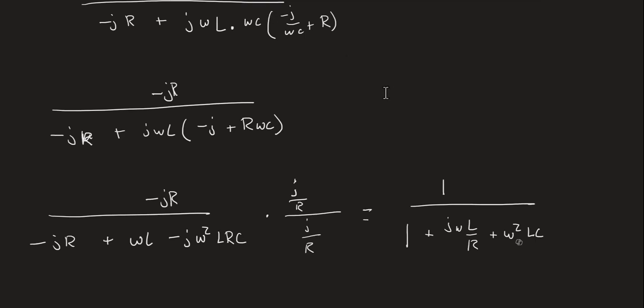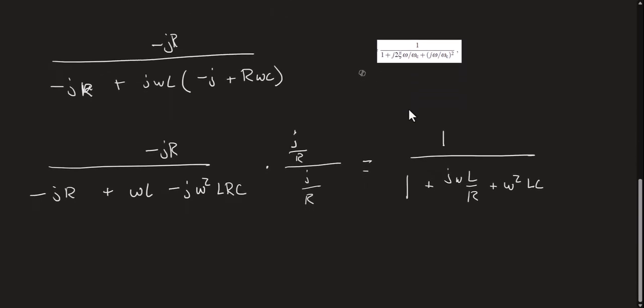Now, if I want to get this to look like something where I can find out what the corner frequency is, I need to get that to be... oh, I have a mistake here. This was plus j omega L times R omega C, so this should have been plus j squared omega squared right there, which would make this minus.